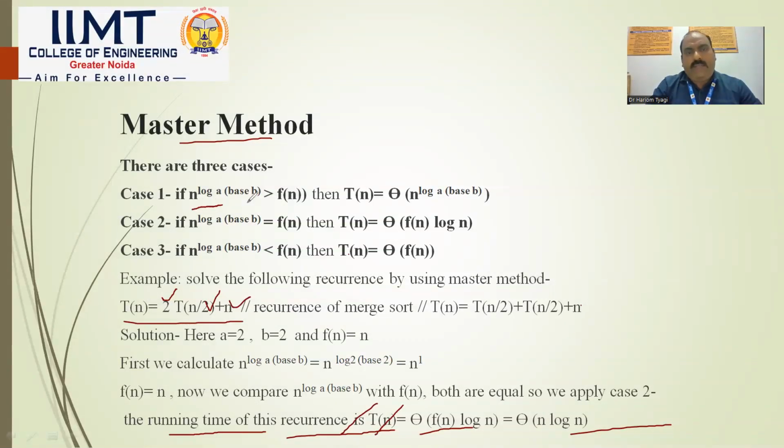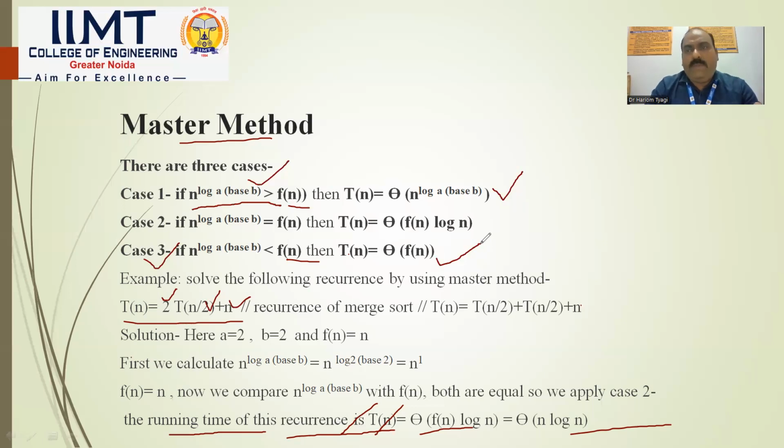If we calculate this value and compare it with f(n), the first case is: if n to the power log a on base b is greater than f(n), then the running time of this recurrence will be n to the power log a on base b. Case three: if f(n) is greater than n to the power log a on base b, then the solution of this recurrence is f(n).